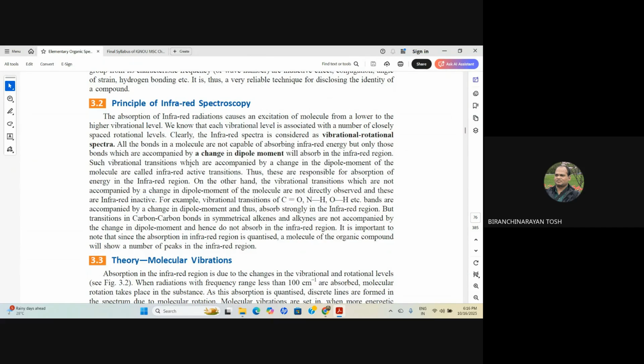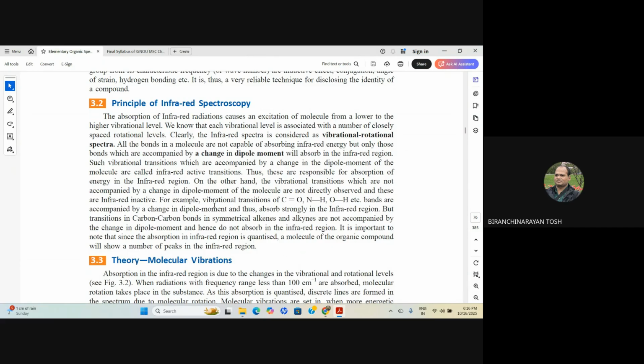So it is written here, all the bonds in a molecule are not capable of absorbing infrared energy, but only those bonds which are accompanied by a change in dipole moment will absorb in the infrared region. If the bond is polar, then only it will absorb in the infrared region, and there will be a vibrational transition.